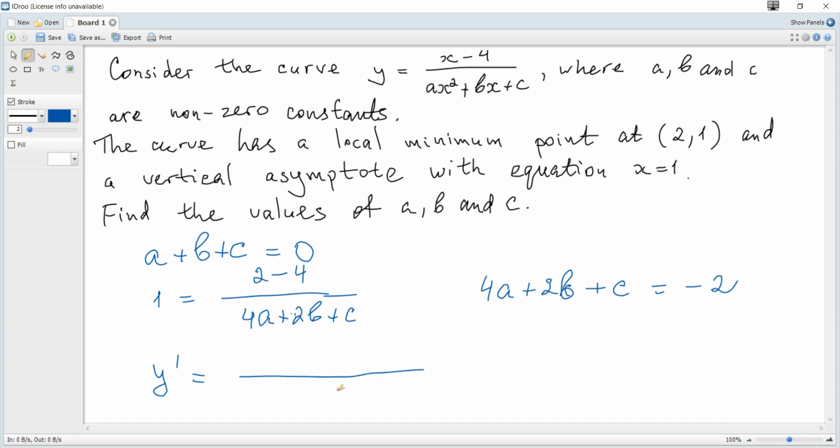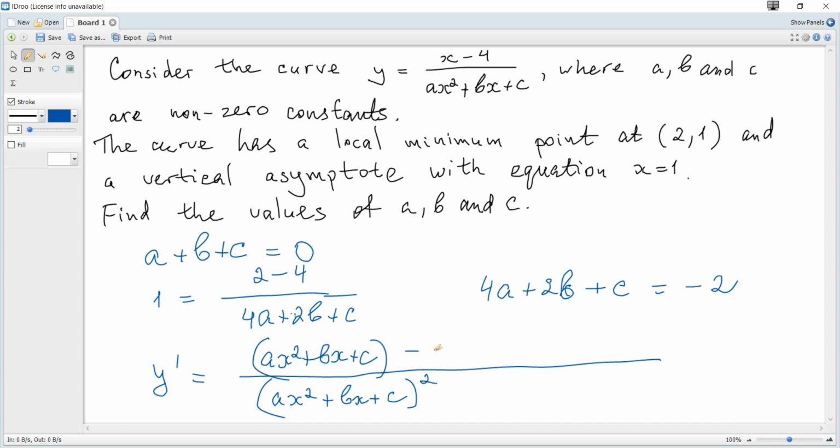Quotient rule, and it says that it becomes denominator squared, just denominator squared, then in the numerator we get the numerator derivative, x minus 4 derivative is just 1, multiplied by the denominator ax squared plus bx plus c, minus the numerator x minus 4 multiplied by the denominator derivative, which is what?